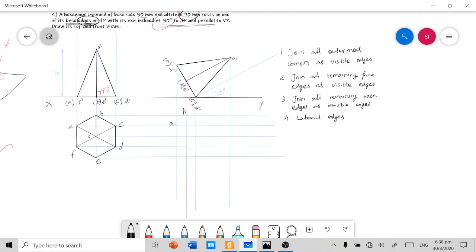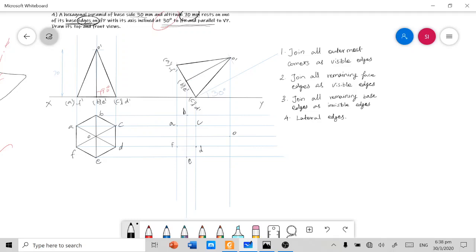So I can lock the point B. Similarly, I can lock the point C here, point D there, and point E, and point F. And finally point O.